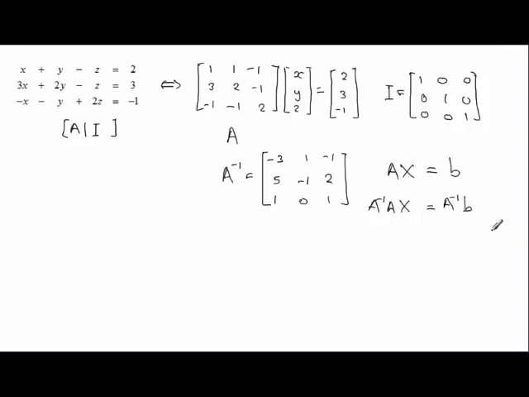Now, if this is an identity, you multiply the identity by X, we get X. Then when we get here, we must get a solution which equals this X.